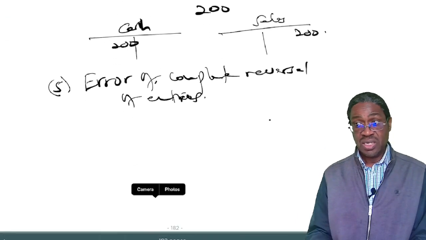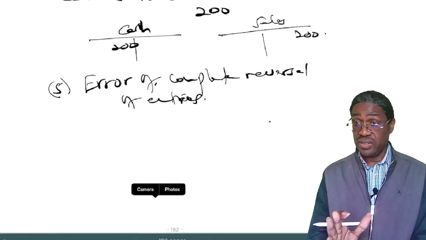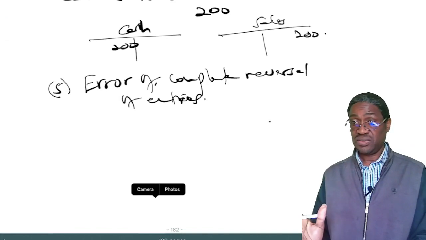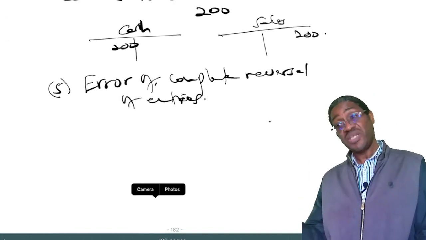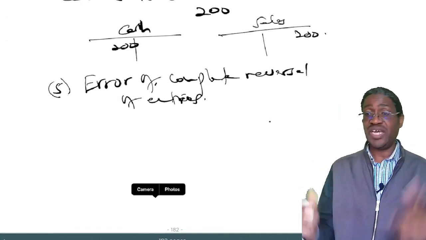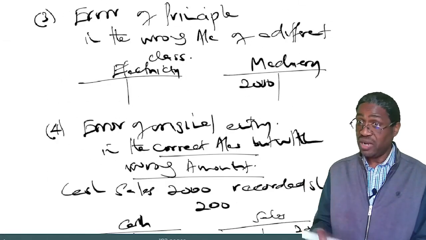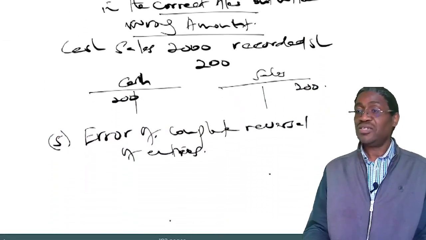Meaning, an account you should have debited, you credited. And another account you should have credited, you debited. You reversed the entry. You have still followed the double entry, but on the wrong side.